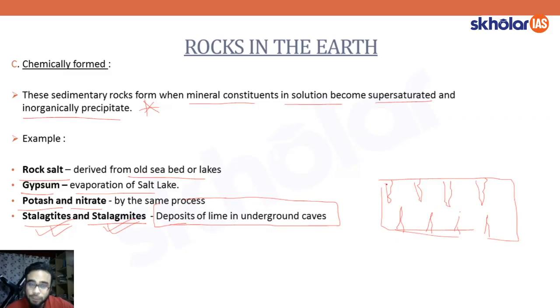And this structure which is present in the upper layer, these are called stalactites. And these lower elevations that you see here, they are called stalagmites. And this is an underground cave.